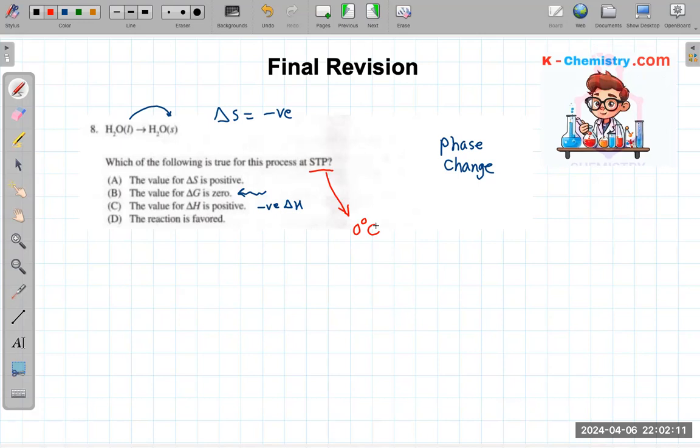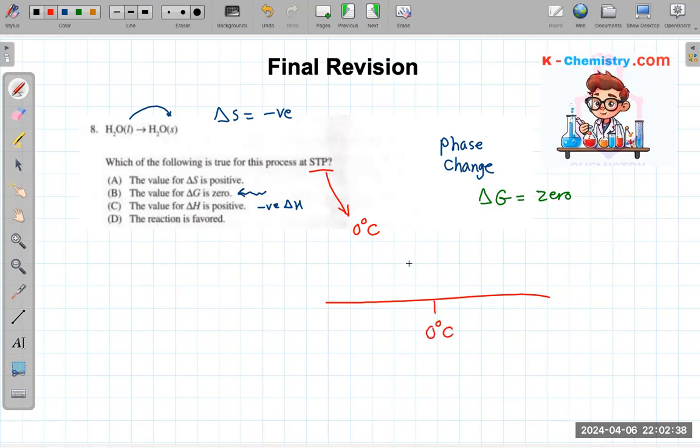Yes, but I still cannot say it's favored. Because this is a phase change where delta G is 0. So nothing is favored. If you are at 0 degrees, you cannot decide you are melting or freezing.